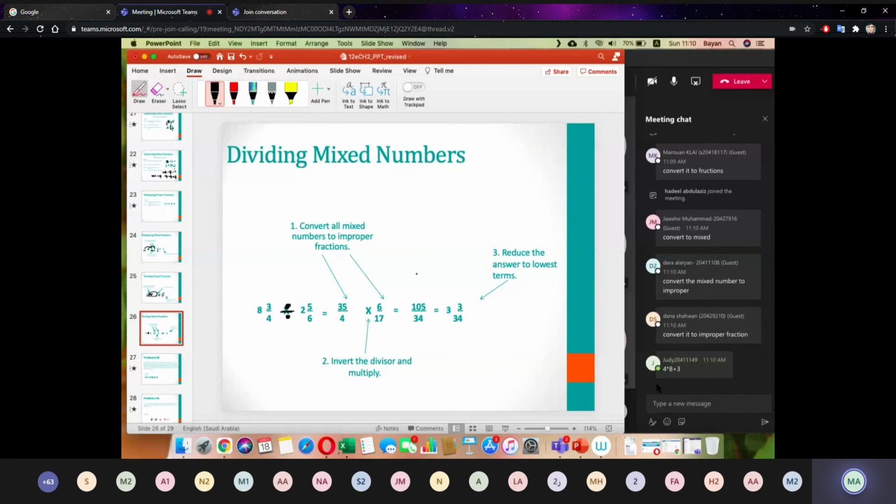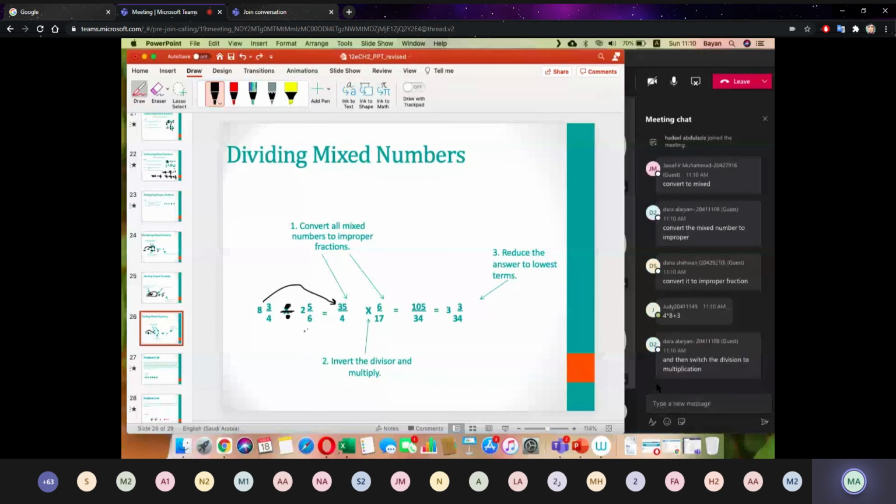Then we have 2 with 5 over 6. Multiply 2 by 5 plus 6. We'll give you 17 over 6. Then what should we do?